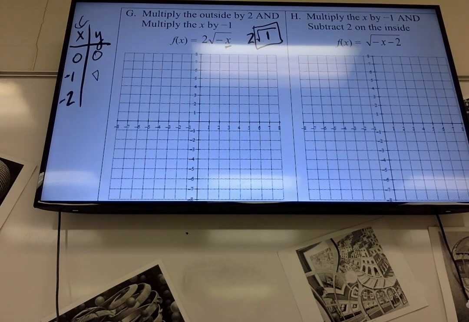Now when I do 2 times the square root of 2. Ooh, I don't need to use 2, do I? Let me use 4 so it comes out nice and neat. Okay. So 2 times the square root of 4.